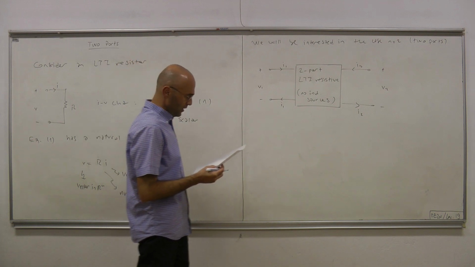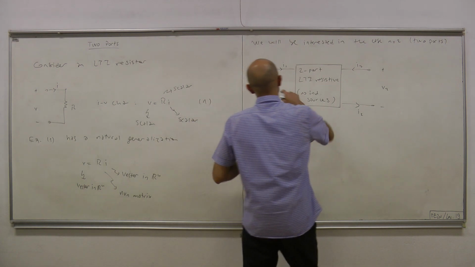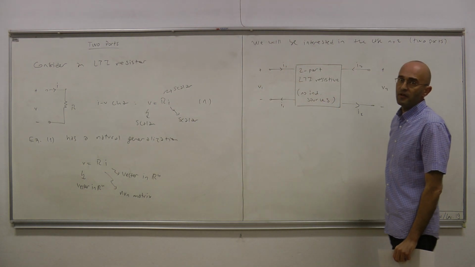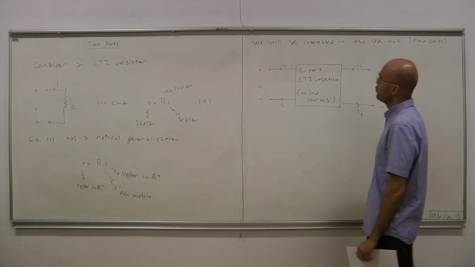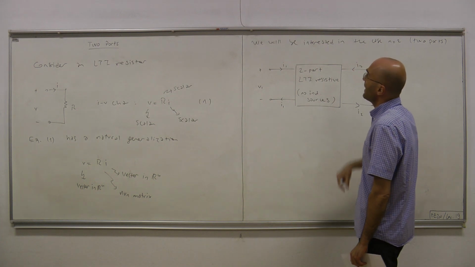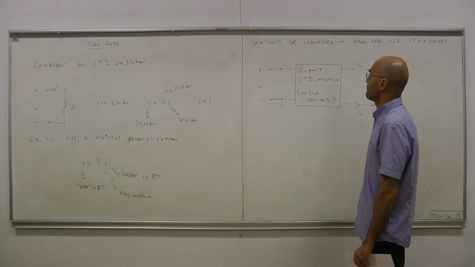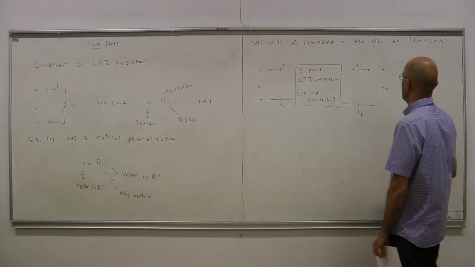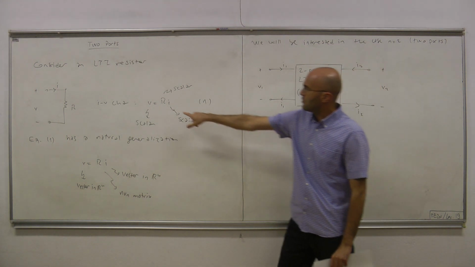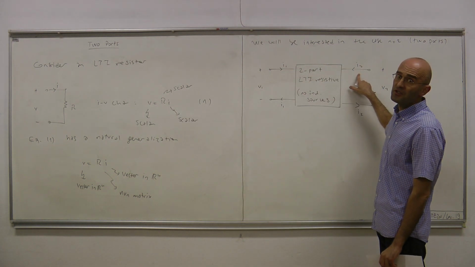With 1 port, if you know I1, then you can automatically figure out V1. With 2 ports, if you know I1, you still need an extra piece of information to figure out what V1 is, and that extra piece of information could be either V2 or I2. For a while, since we're interested in the resistance matrix case, suppose that piece of information is I2.